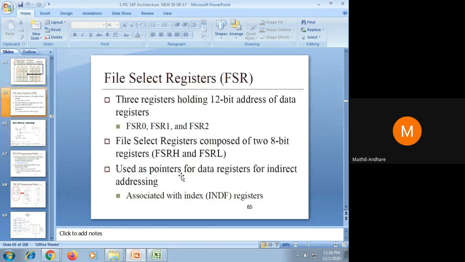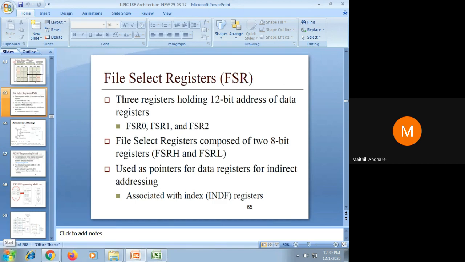So in file select register, the 12 bit address of data registers are there: FSR 0, FSR 1 and FSR 2. Again in that, lower byte and higher byte is allocated, and the index register is used in the indirect addressing.